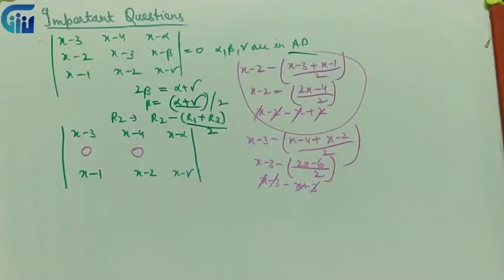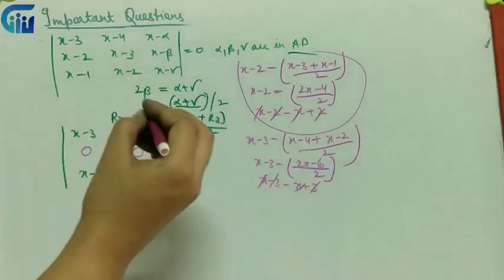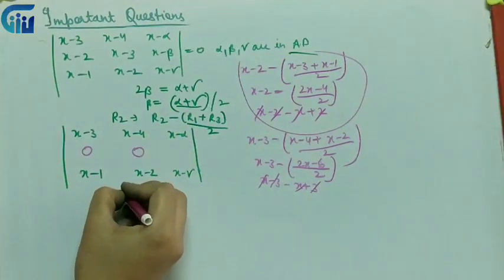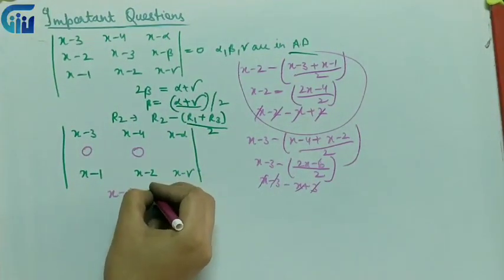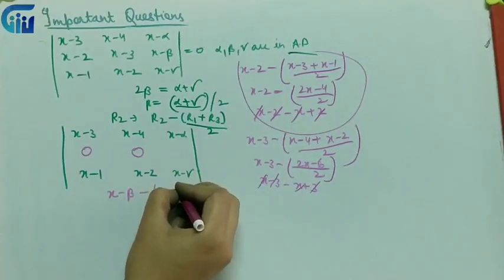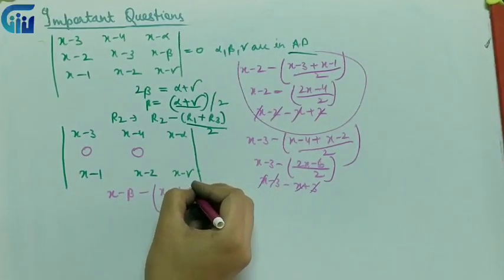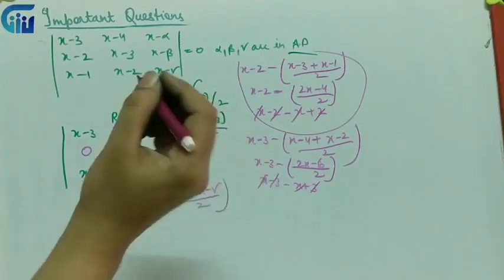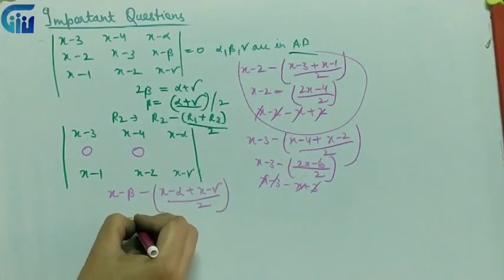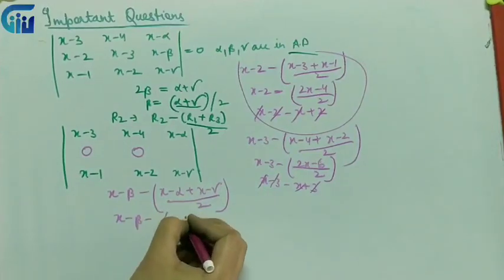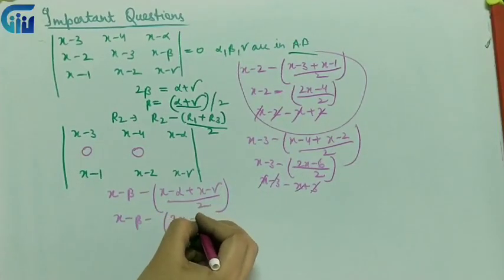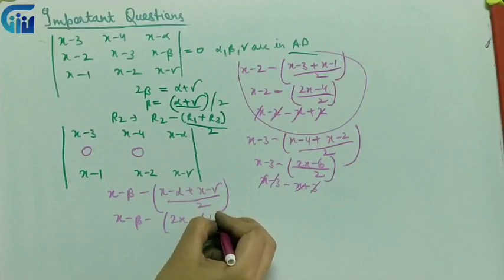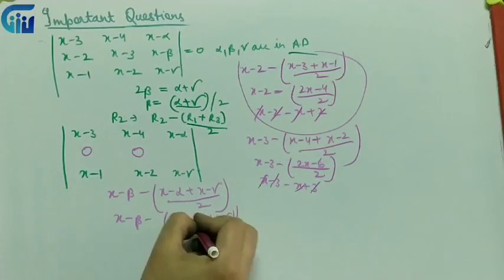So let's see what we will be getting for the last term. R2 is x minus beta, minus R1, x minus alpha, plus R3, x minus gamma, divided by 2. So over here it is x minus beta minus (2x minus (alpha plus gamma)) upon 2.